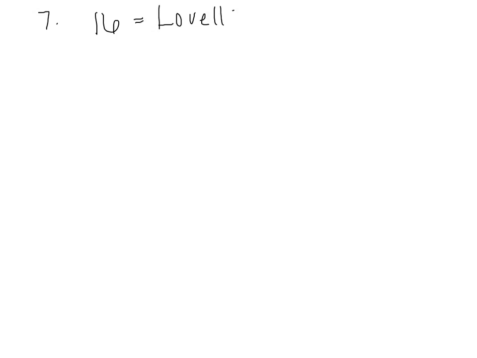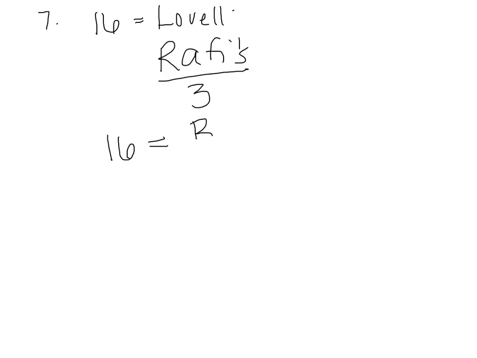Lovell's age is the same as Rafi's age divided by 3. So I could easily write a number sentence for this one. So it says Lovell's age, which we know is 16, is, so whenever I see is, I'm going to write that equal sign, Rafi's age divided by 3.